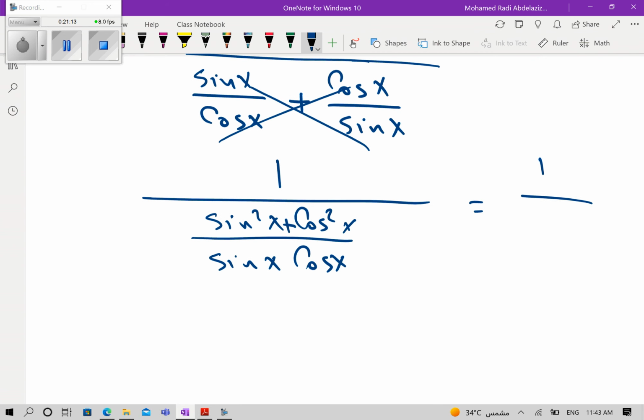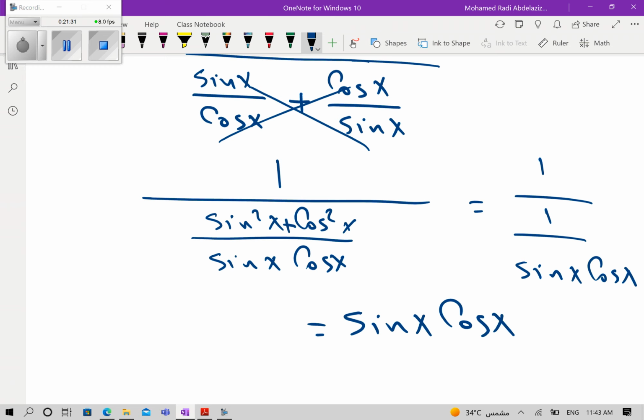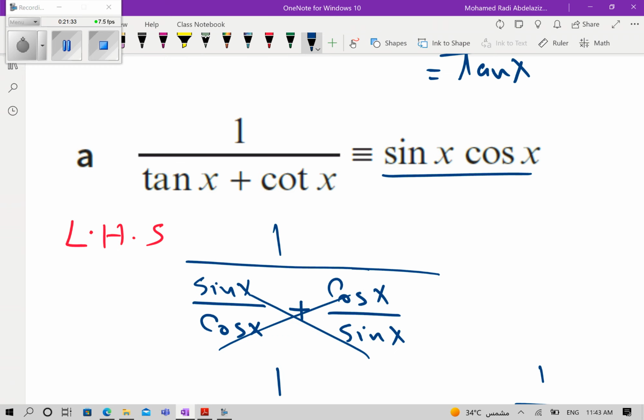So 1 over, reciprocal division. When we have 1 divided by 1 over sine x cosine x, a division will be multiplication and find the reciprocal. Good. So the answer will be sine x cosine x. Is it on the right side? Yes. Done.